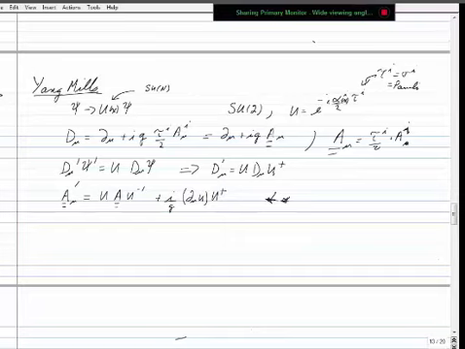A double bar is tau over 2 A_mu. Okay. I then imposed that I wanted D'_mu psi' equals U D_mu psi, so that it transforms the same way as psi, which then imposed that D'_mu is U D_mu U^-1.